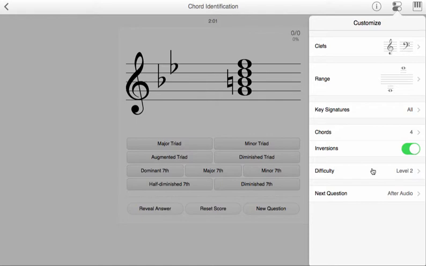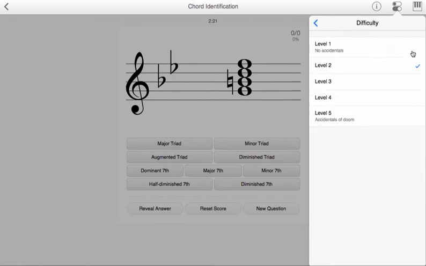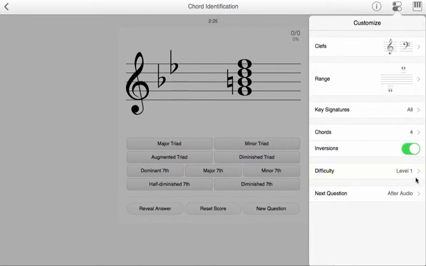And then go back, and inversions is on. If you were to do this, then you wouldn't have any inversions, everything would be in root position, but you don't want to do that. You want the inversions to show up on the questions that you're going to be looking at. And then you can choose a difficulty level, so maybe start at level 1 and at least do some at level 2, and then I'd leave that as is.